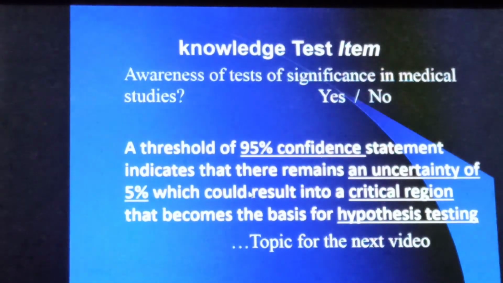That 5% could result in a critical region or rejection region. So that's why we get yes or no type of answers. We reject the hypothesis or do not reject the hypothesis. The hypothesis we take as, for example, equally effective, which we will talk about in detail later. That becomes the basis for hypothesis testing.